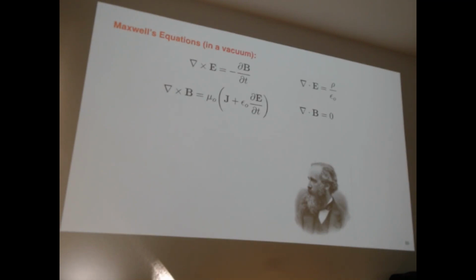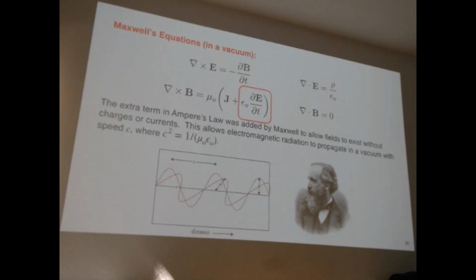Okay. So these are the differential forms of Gauss's two laws and Ampere's and Faraday's law. They are what we call Maxwell's equations, except there's one thing that's incomplete.